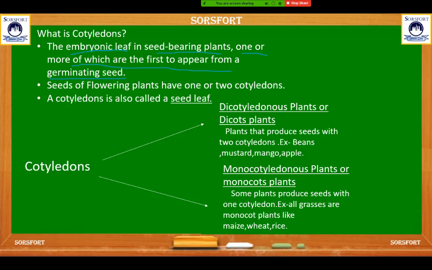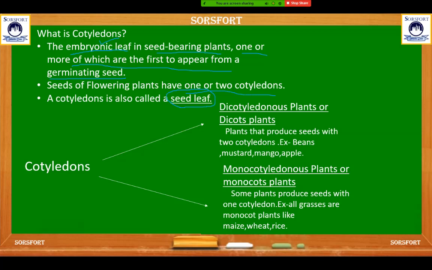It contains the embryonic leaf. Seeds of flowering plants have one or two cotyledons. Cotyledons are also called seed leaves because they contain the embryonic leaf.